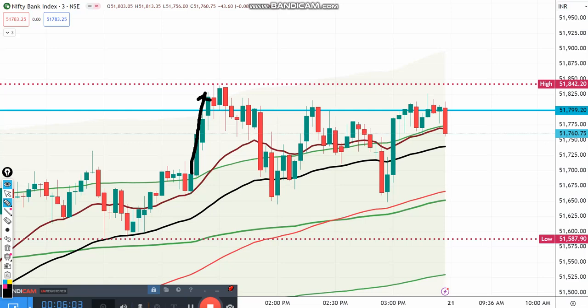It broke this point, but there was no 21 EMA. See, I observed that the 21 EMA is too far from this point actually. So there was a crossover of the 21 and the VWAP band, but the 21 EMA is too far from this candle. So it is not a proper breakout actually. So the market returned after this point.